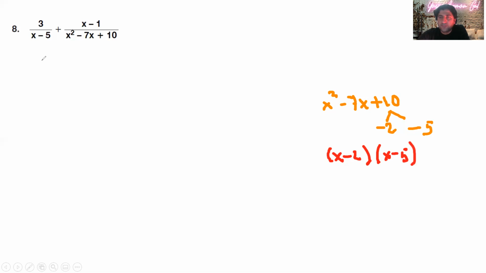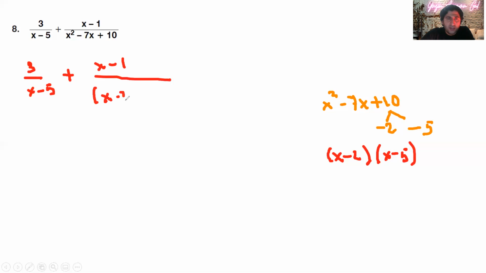So by knowing this, if I rewrite this question, guys, it's going to be like this: 3 over x minus 5, plus x minus 1 over, I'm not going to write this anymore, I'm just going to write the factors of this trinomial. So it's going to be x minus 2 times x minus 5.